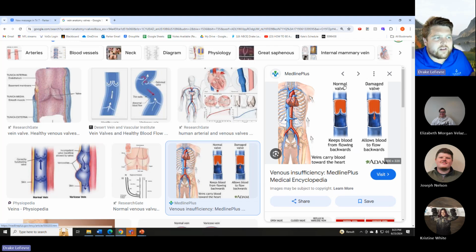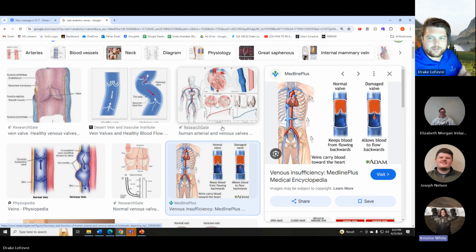So if we think of all of our vessels, right, they run through all of our muscles. And when we're active, what do our muscles do? Contract. They squeeze. So literally movement, this is how, when we exercise, our cardiac output increases.